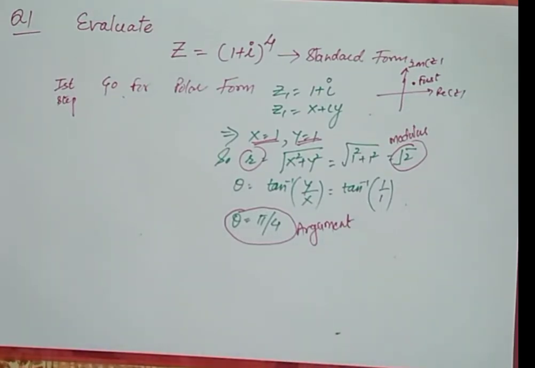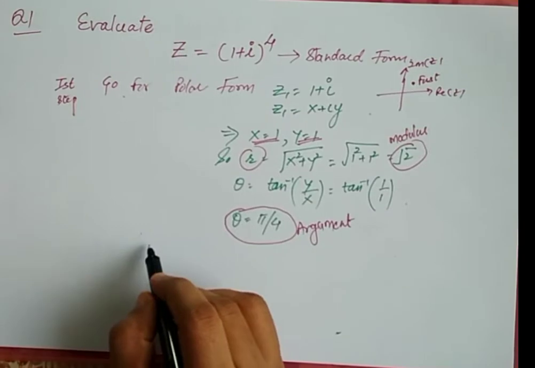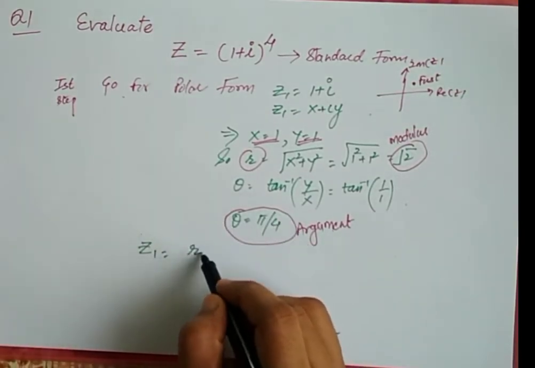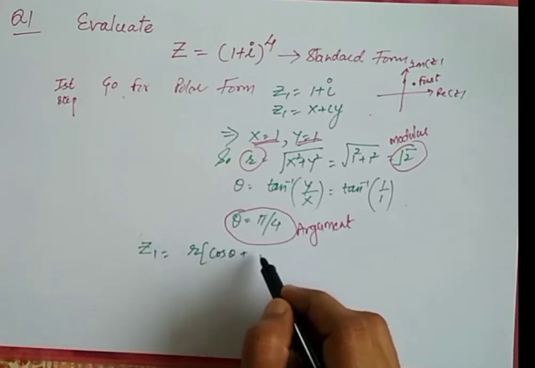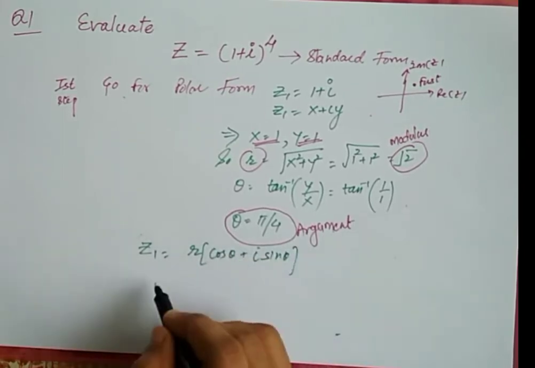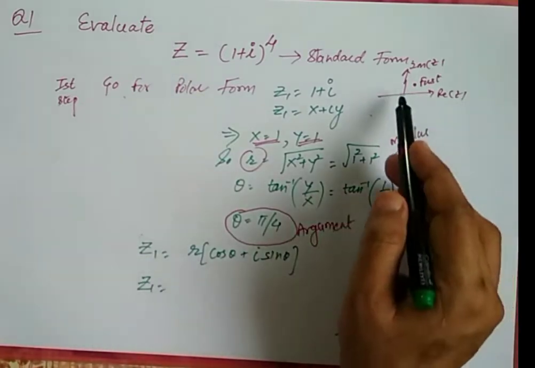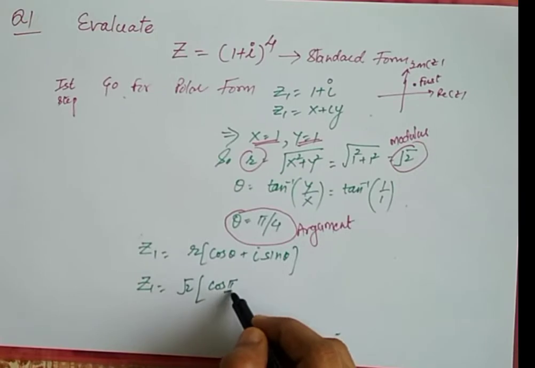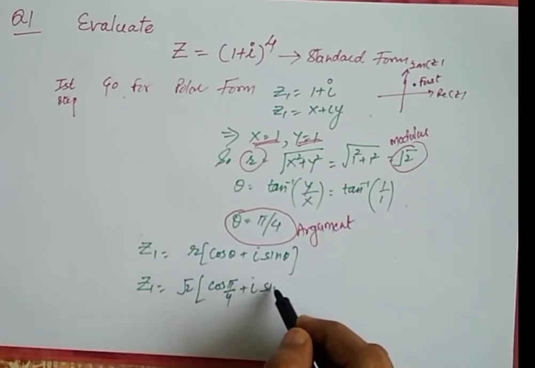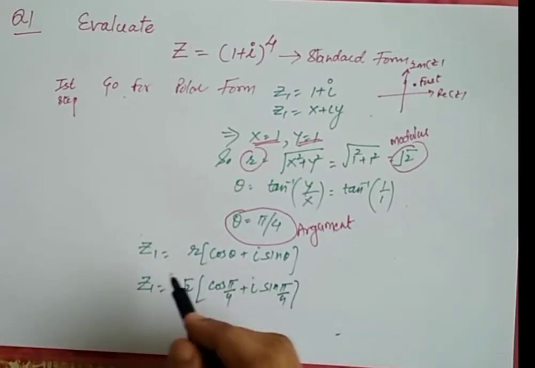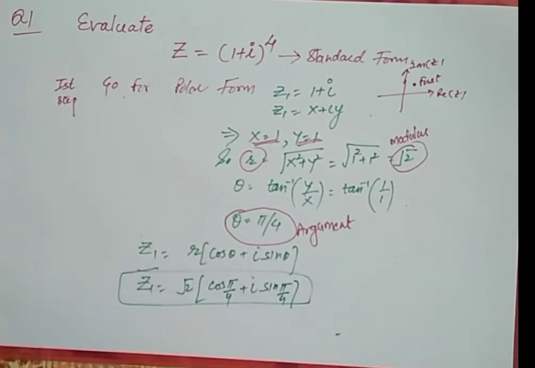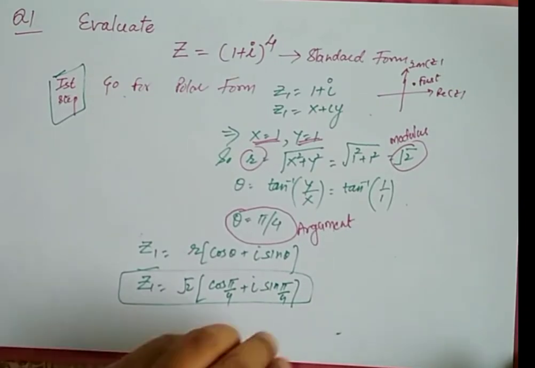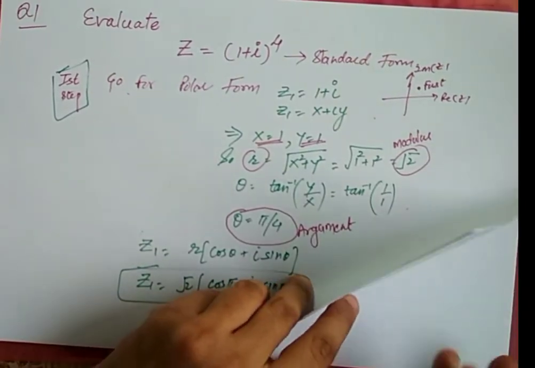So the polar form is z1 equals to r cos theta plus i sin theta, where r is under root 2, theta is pi by 4. Z1 equals root 2 cos of pi by 4 plus i sin of pi by 4. So here the first step is completed.